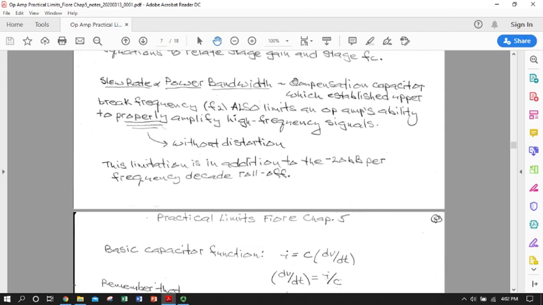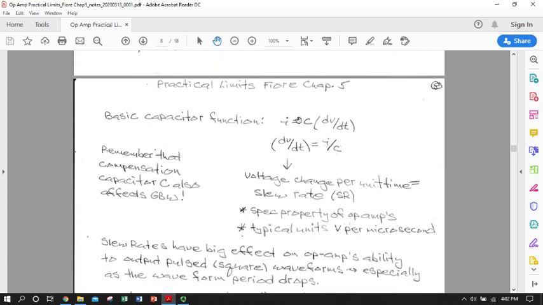So if we go back and we think about this compensation capacitor, this capacitor that's situated somewhere in our op-amp that pretty much every signal that goes through the op-amp has to pass through. We've used it to establish the upper break frequency, and we've looked at it from the standpoint of an AC circuit. We can look back at the basic definition of capacitors, and we relied on these relationships here when we derived that 20 decibel per decade frequency roll-off region.